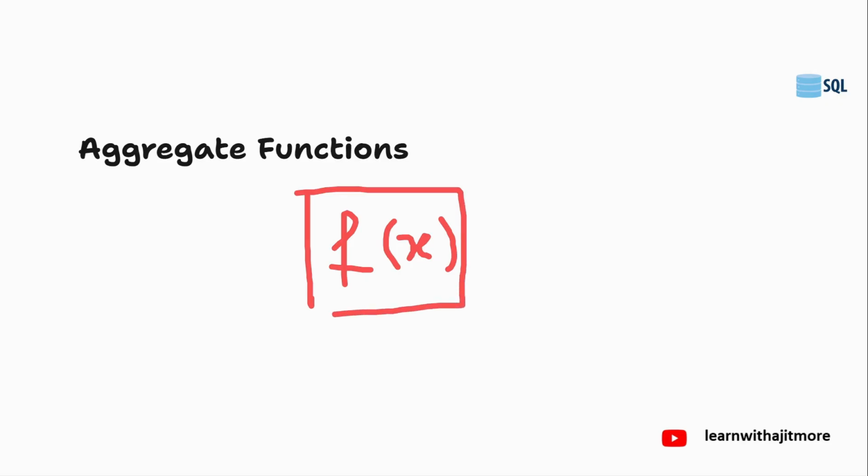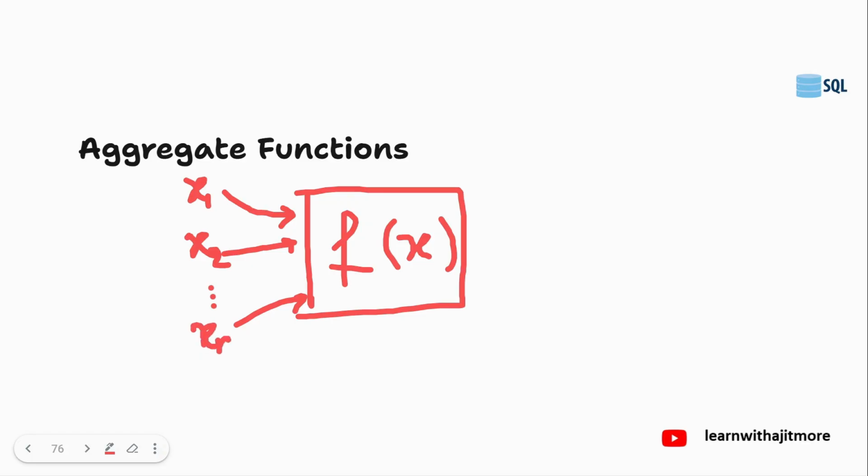It is going to take input as a set of values, X1, X2, dot dot dot, XN, summarize all these values, and produce one single value as output. Therefore they are called aggregating; it is consolidating all the values into one single value.